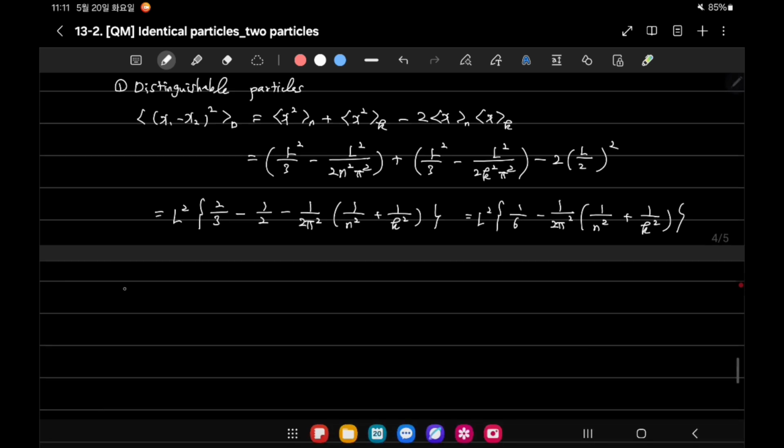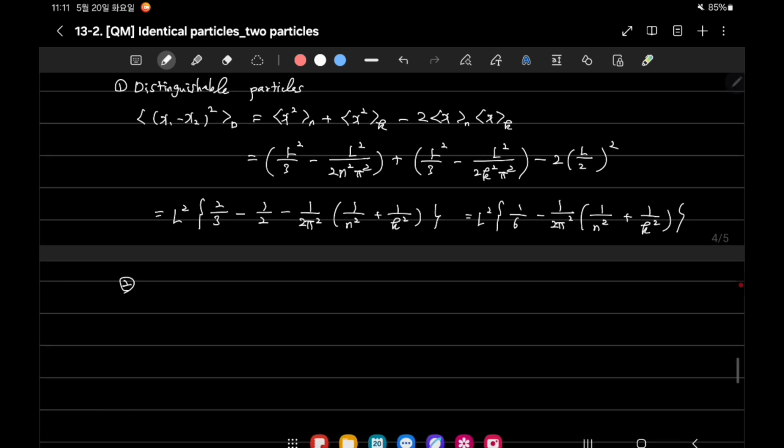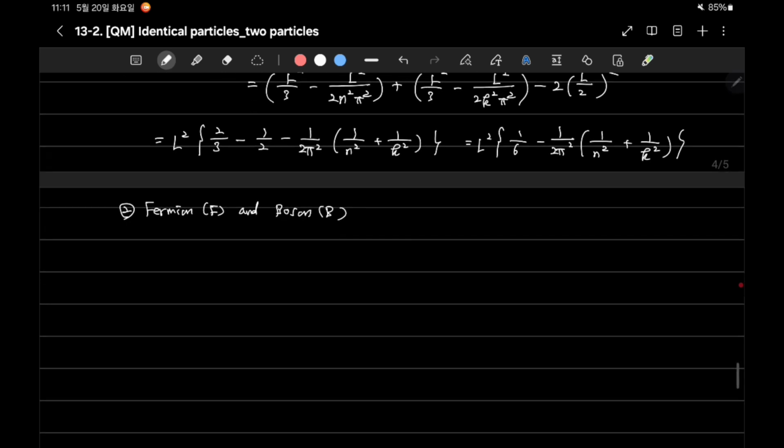Then how about the fermion or boson case? Fermion F and boson B. Then x1 minus x2 square for boson or fermion.